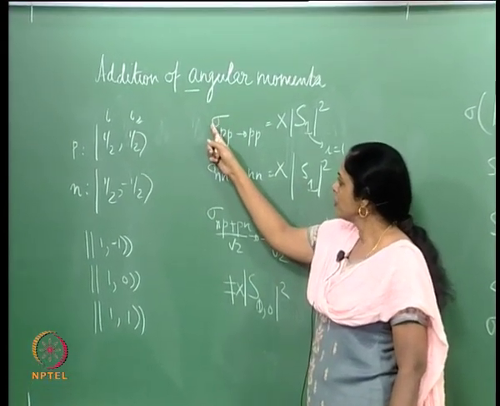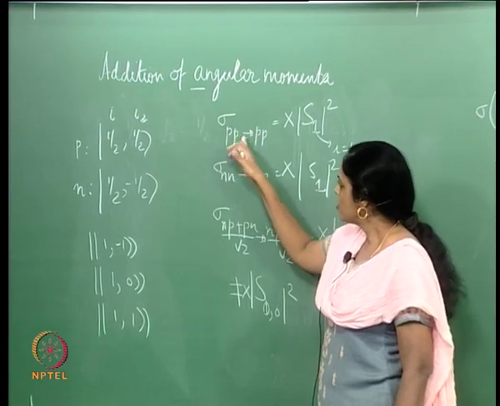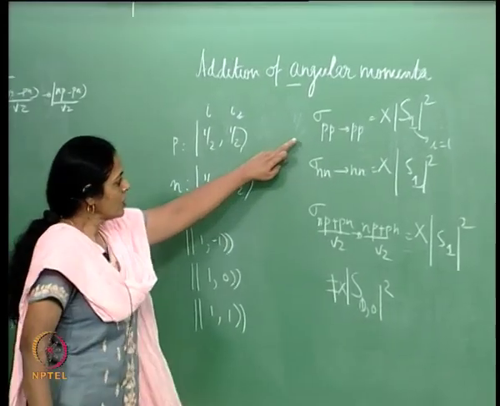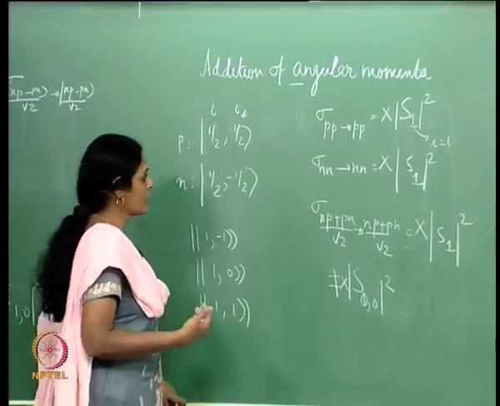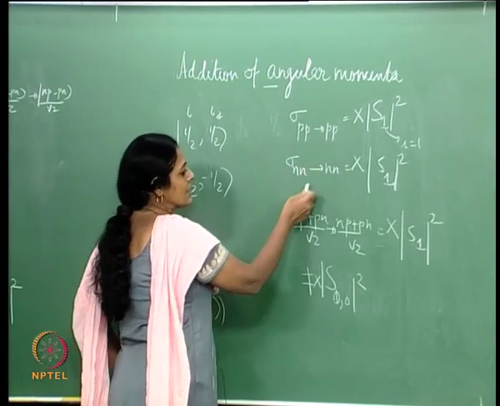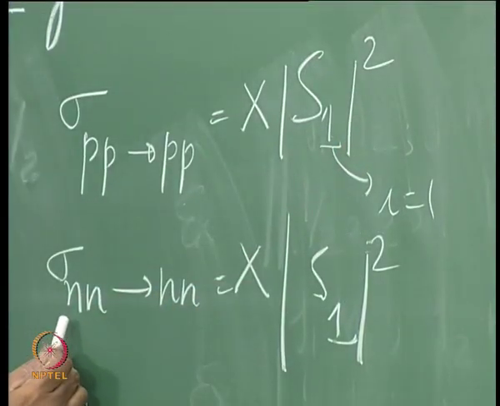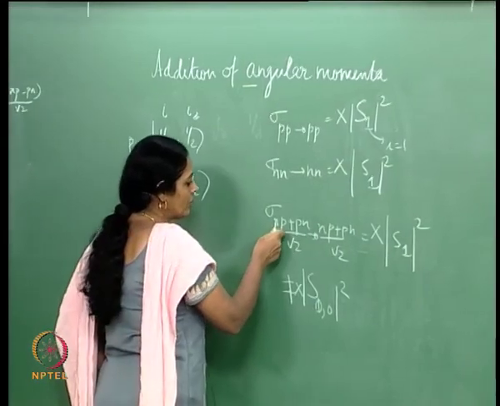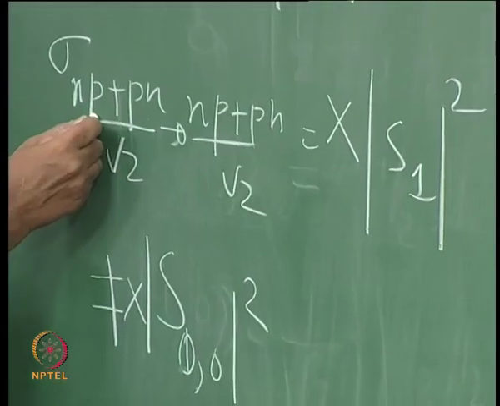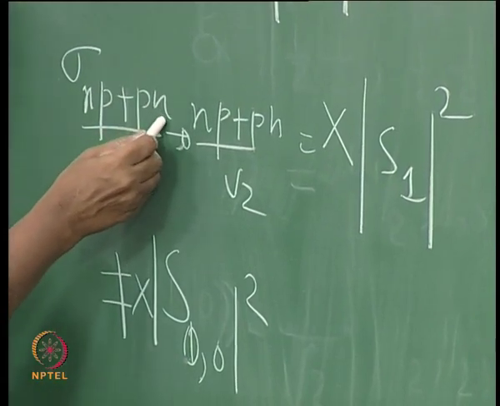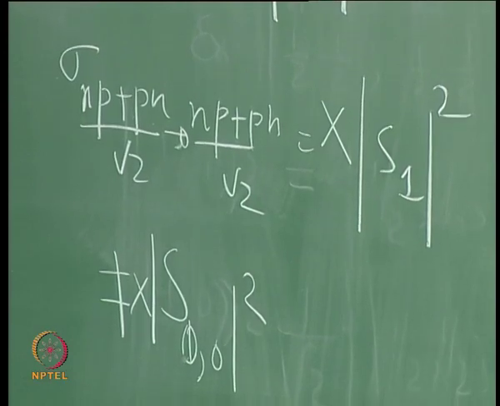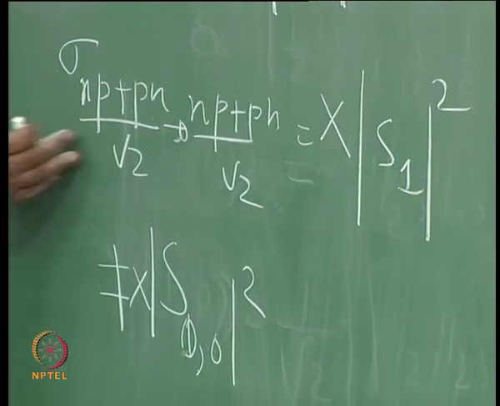The cross section or the probability of 2 protons in the initial state interacting strongly to produce 2 protons, this probability or the cross section for pp going to pp, is equal to the cross section for 2 neutrons interacting to produce 2 neutrons, and indeed is the same for a neutron from the first beam and a proton from the second beam, a proton from the first beam and a neutron from the second beam, taken and prepared very carefully in the isospin 1 state, that is as part of the isotriplet, going to itself.